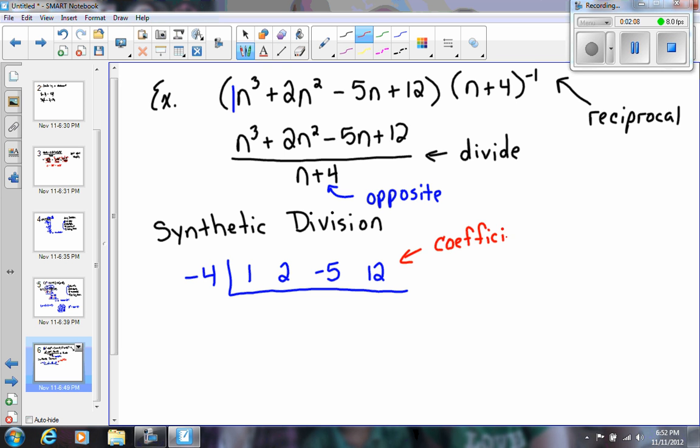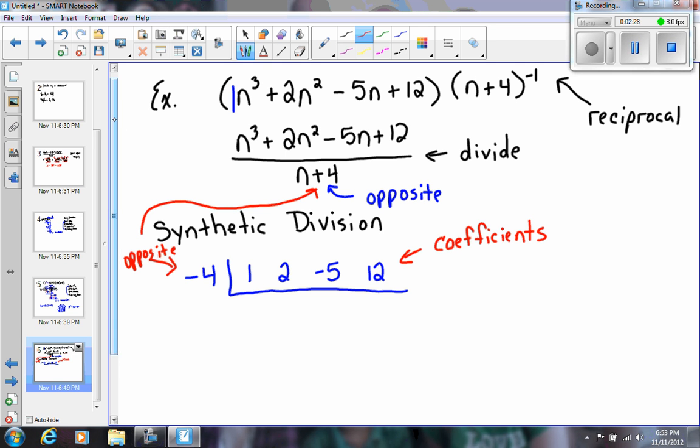The coefficients are the numbers that are being multiplied by the variables. And again, remember this was the opposite of this value over here that was in the divisor, what we were dividing by.